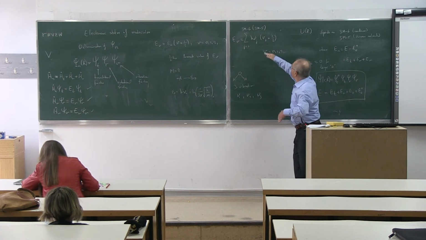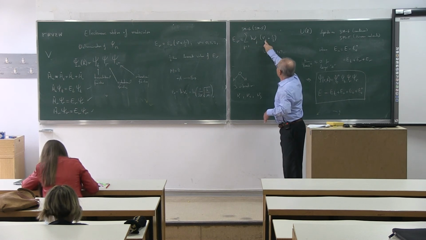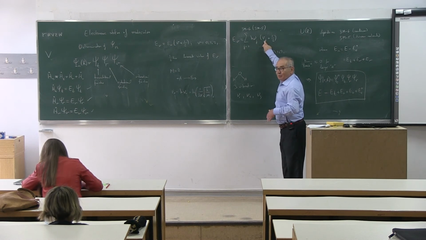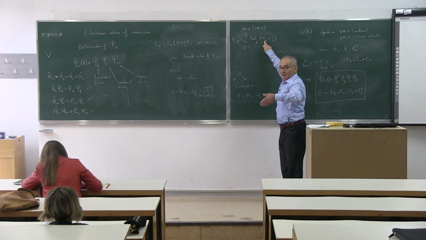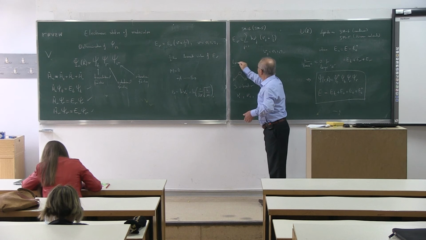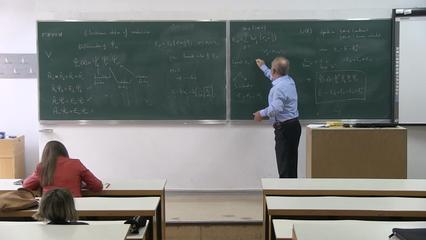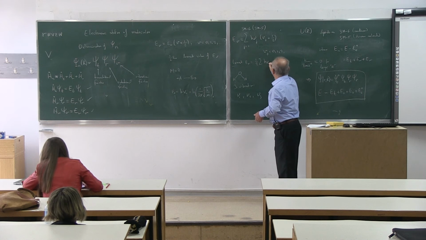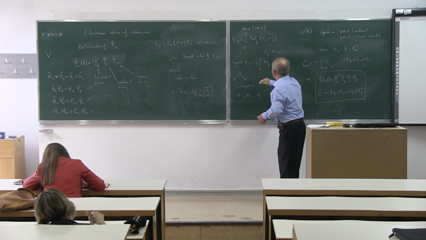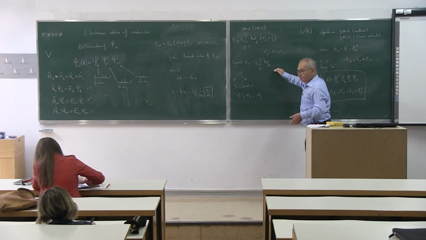So the lowest value for the vibration energy is when you select the vibration quantum number as 0 for all vibrations. In that case, we will have simply 1/2 of the sum, this expression for the lowest.